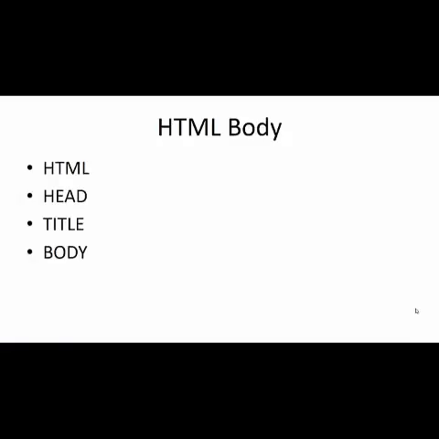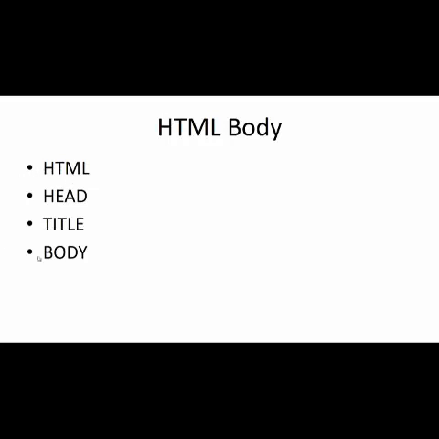Now, before I move on to video number 2, we are going to talk about the basic structure of an HTML body. Whenever you create a new HTML page, basically what it looks like is, at the top, you're going to have an HTML tag, and think about it as wrapping around everything. So you have the HTML, and you have the head, which is right underneath the HTML.